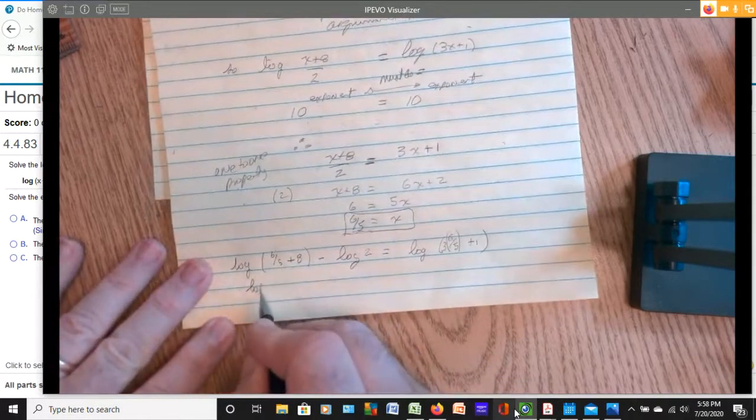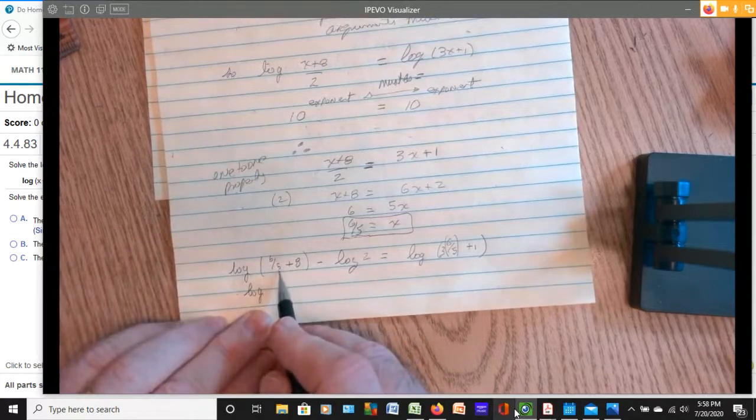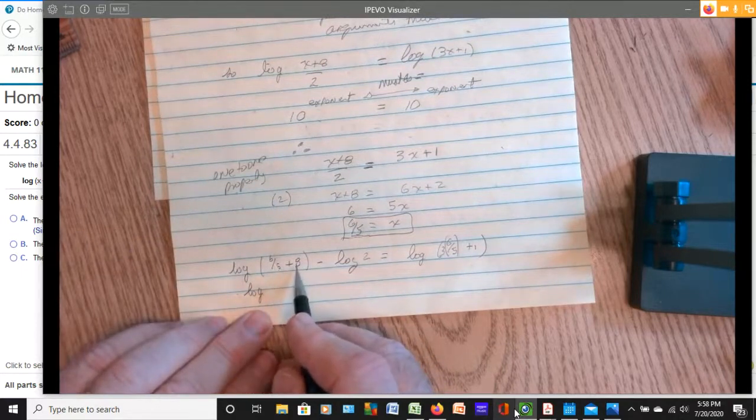If we do this little fraction arithmetic and see where we're heading, this is going to turn into 40 fifths.